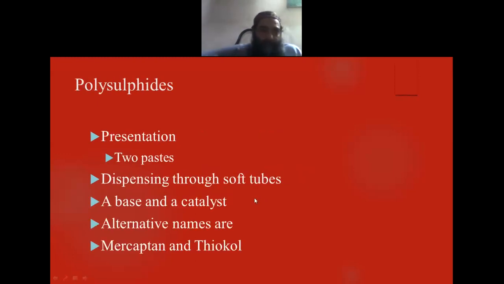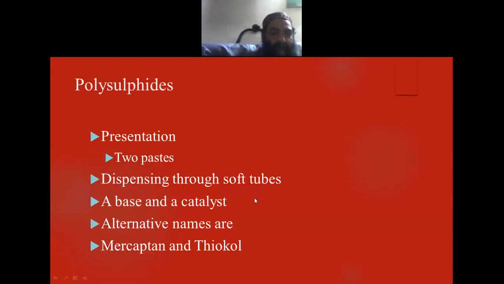Now, the first material is polysulfides. Polysulfides are the most primitive materials, now rarely present in the market, especially in Pakistan. Presentation, already described how they are presented in the market.